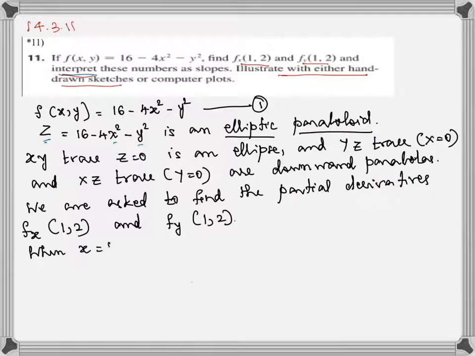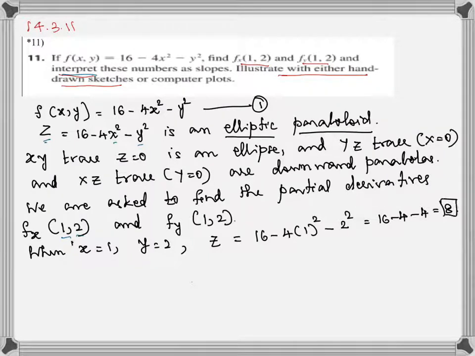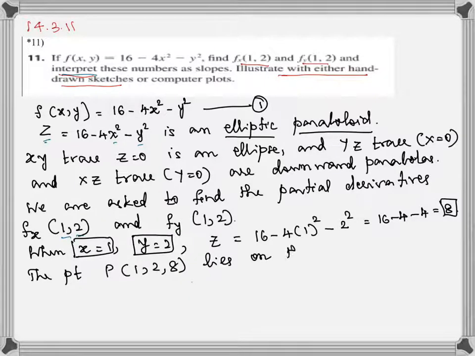So when x equals 1 and y equals 2, what is the z value on the surface? z is given by 16 minus 4x squared minus y squared. If you substitute x equal to 1 and y equal to 2, we get 16 minus 4 minus 4, which is equal to 8. So when x equals 1 and y equals 2, z equals 8. So the point P (1, 2, 8) lies on the surface.